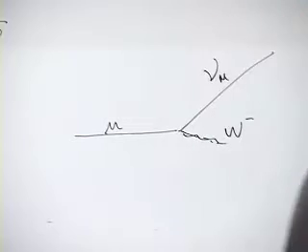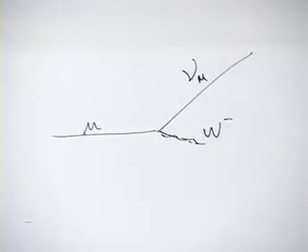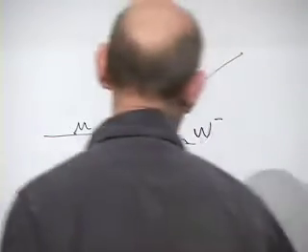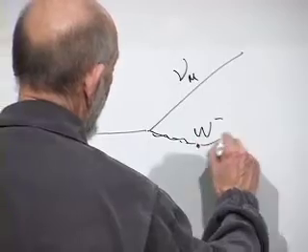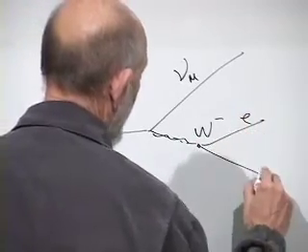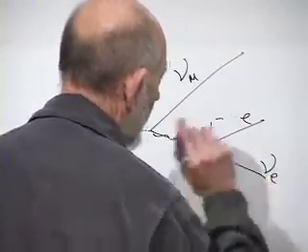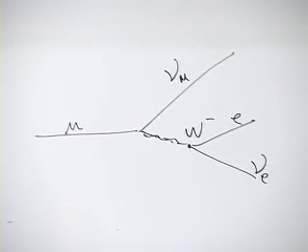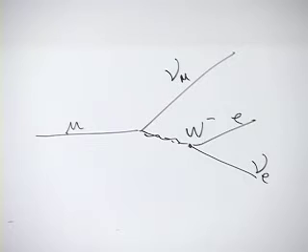One of the things that W minus can do is become an electron and an antineutrino of the electron variety. Can this happen? Yes, it can happen. Not only can it happen, this is the way the muon decays.